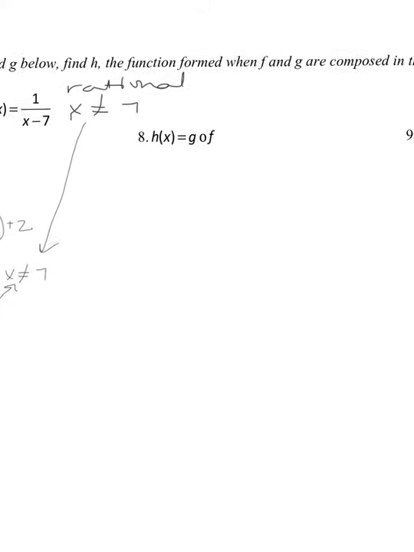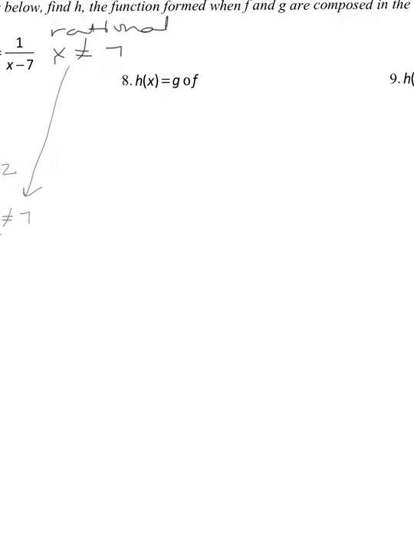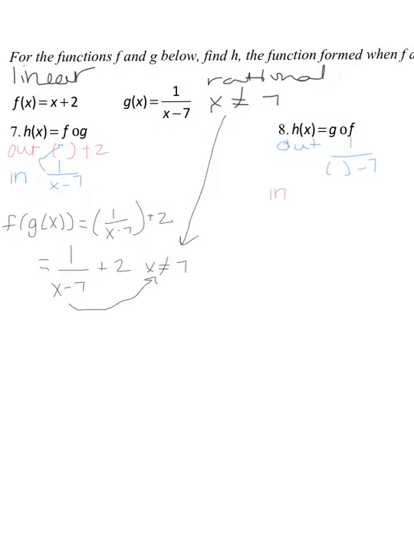All right, let's look at g of f of x. So here, our outside is the g function, so that's 1 over something minus 7. And our inside, I'm going to remind myself real quick, is x plus 2.